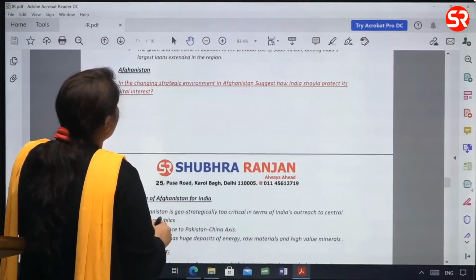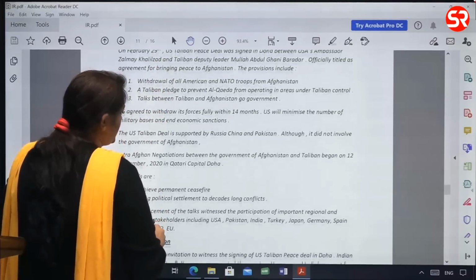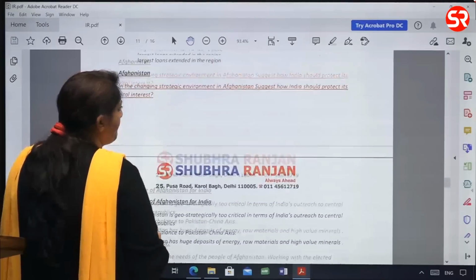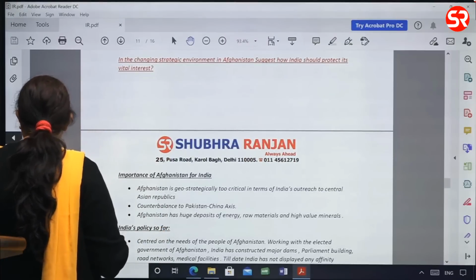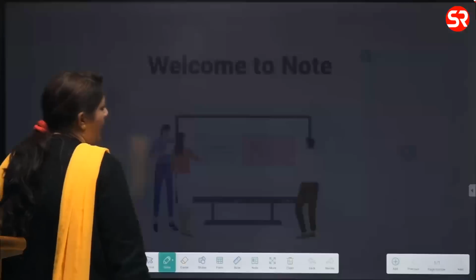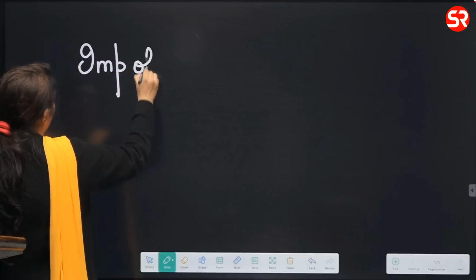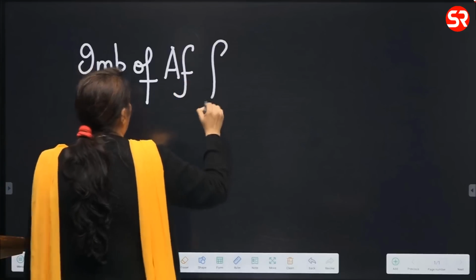So now next is India's policy with respect to Afghanistan. Fine. So you all are aware of the importance of Afghanistan for India.